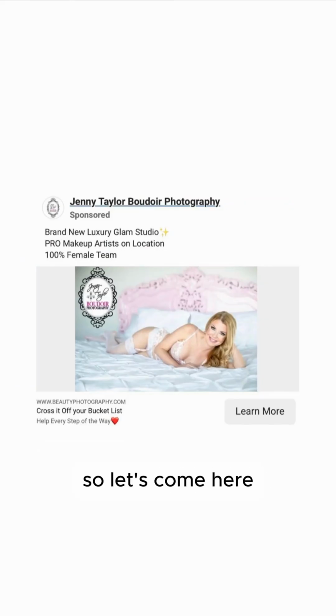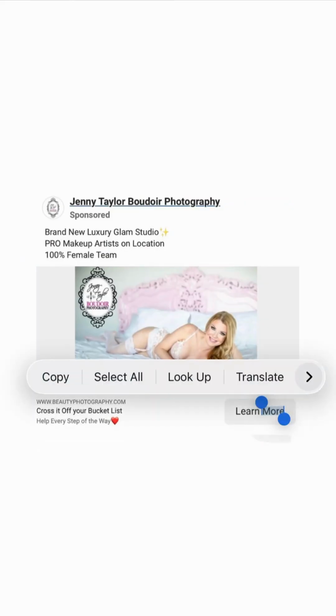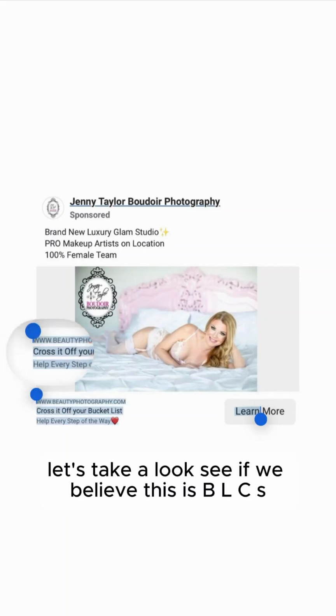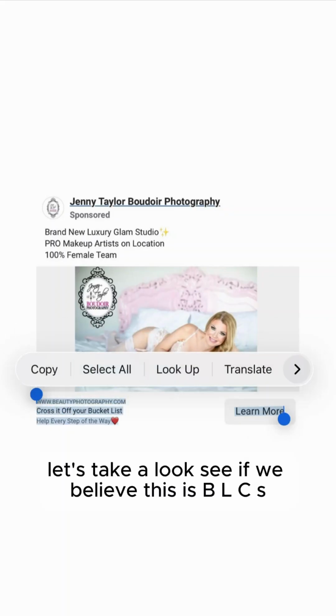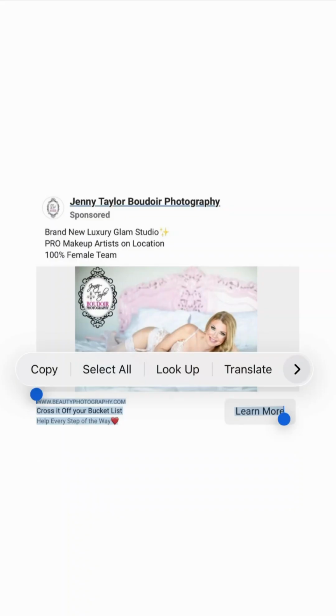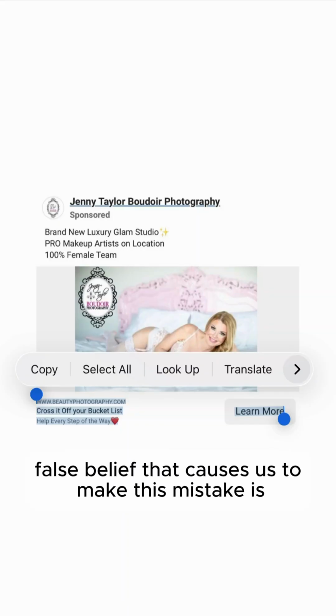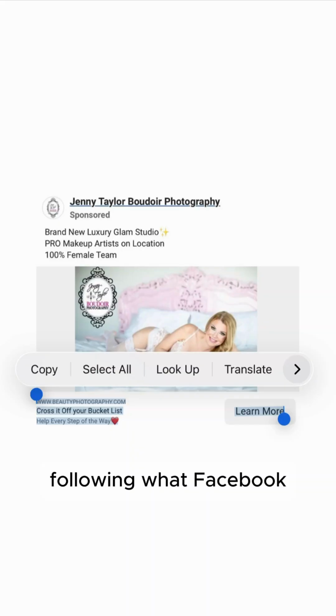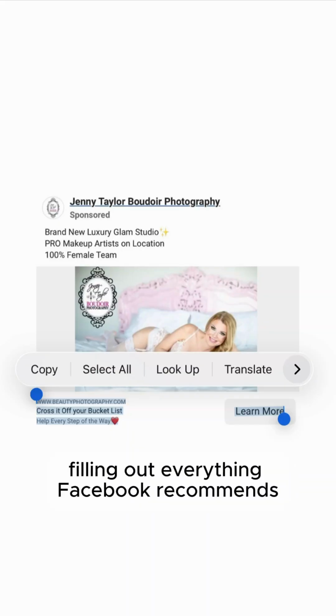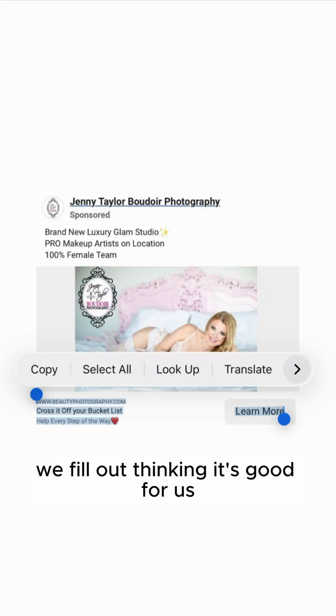All right, so let's come here. Let's take a look and see if we believe this says BLCS. So we got the below creative cluster mistake here. The false belief that caused us to make this mistake is following what Facebook recommends, filling out everything Facebook recommends we fill out, thinking it's good for us.